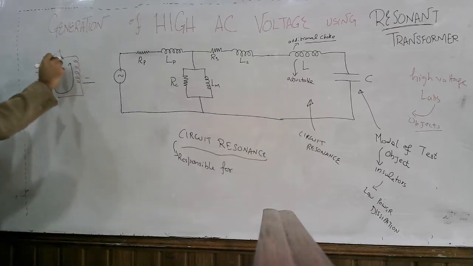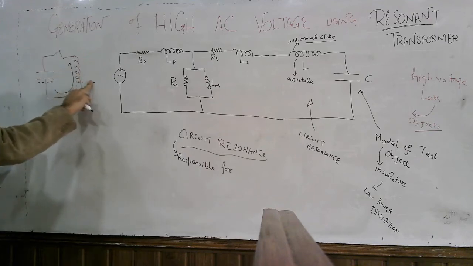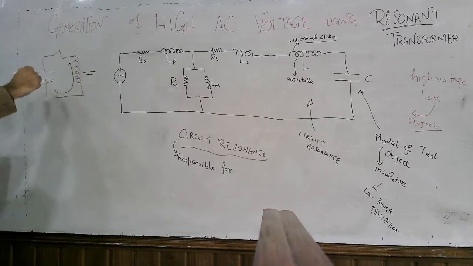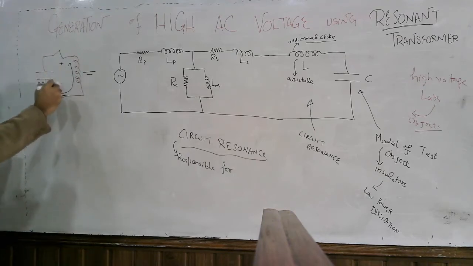But when the current tends to decrease, the inductor again opposes the change in current, so it will invert its polarity and the energy will flow into the capacitor. This flow of energy continues between the inductor and capacitor. So obviously we will have current and voltage here.